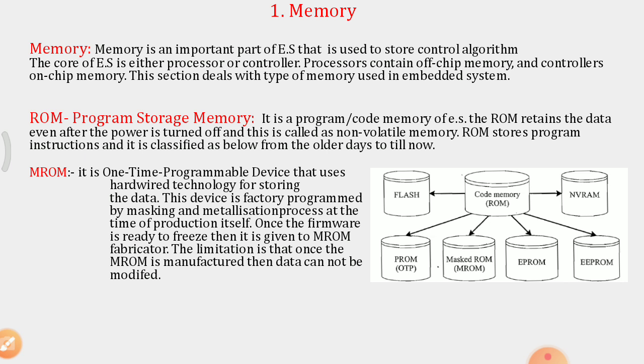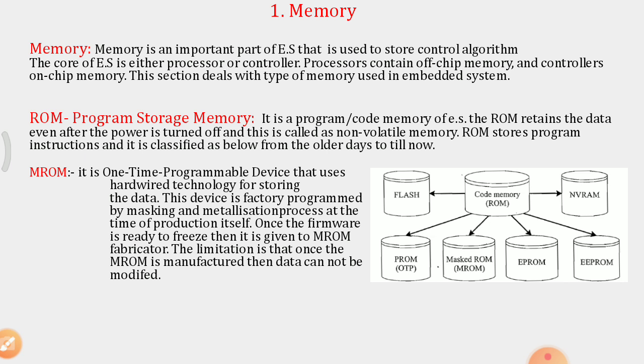The ROM retains the data even after the power is turned off. That is, even though if the power supply is turned off, the data remains in the ROM chip. And this is called as a non-volatile memory.